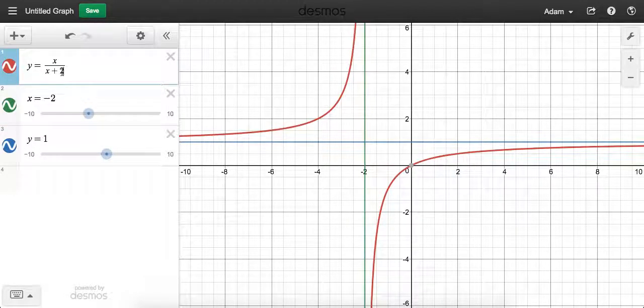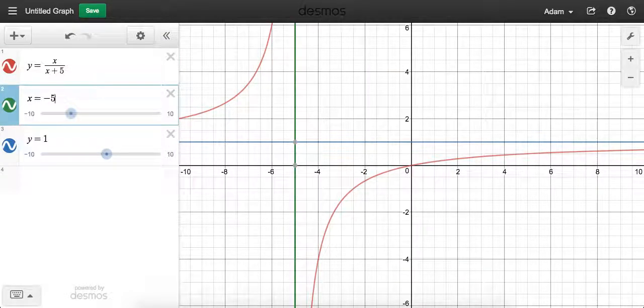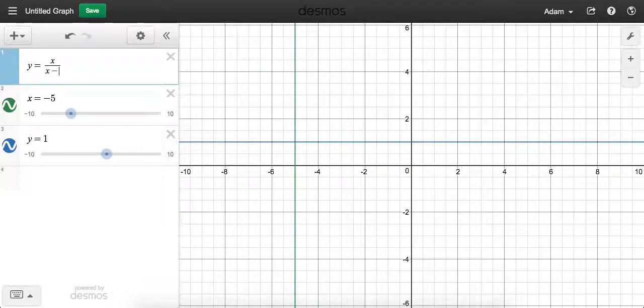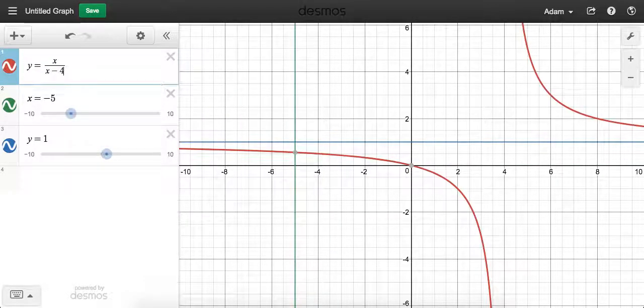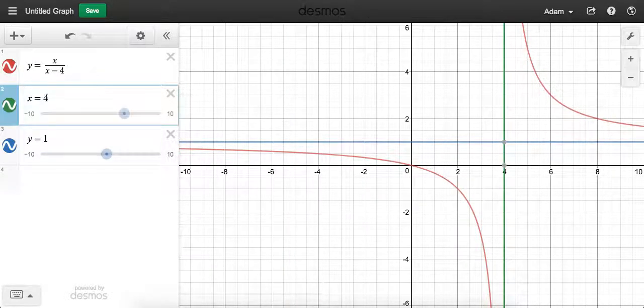If I make this a 5, my vertical asymptote will be at x equals -5. If I make it x minus 4, now it's going to be x equals +4, because again, 4 minus 4 would make the bottom undefined.